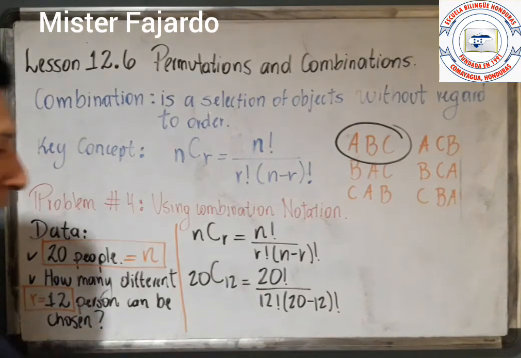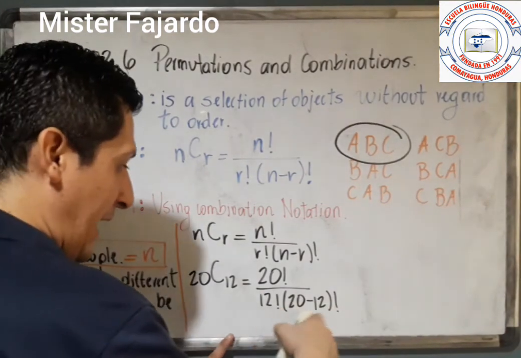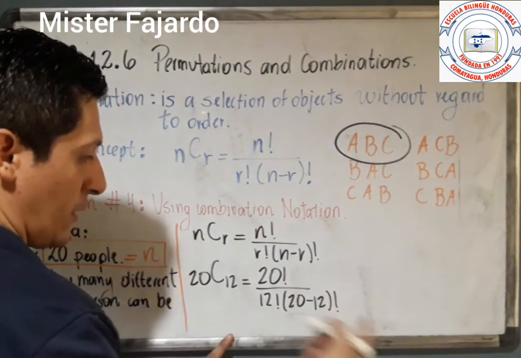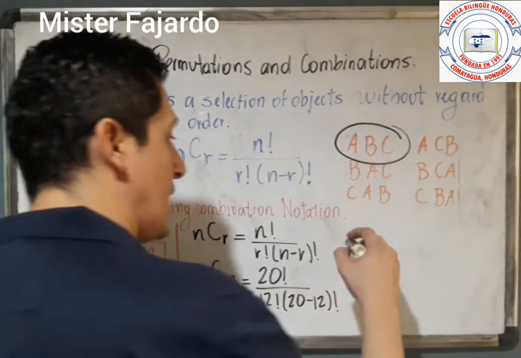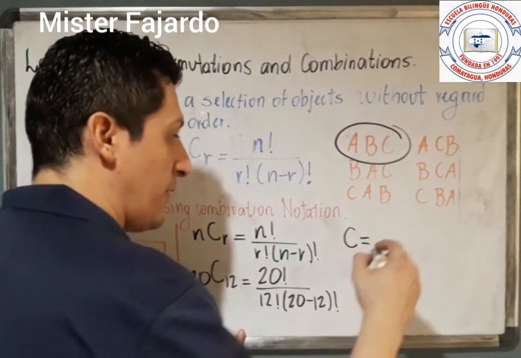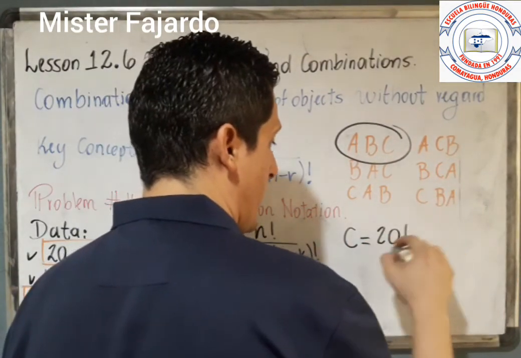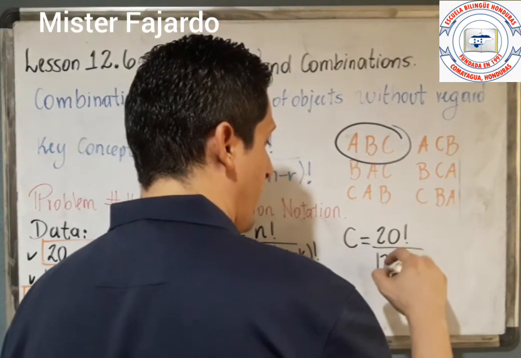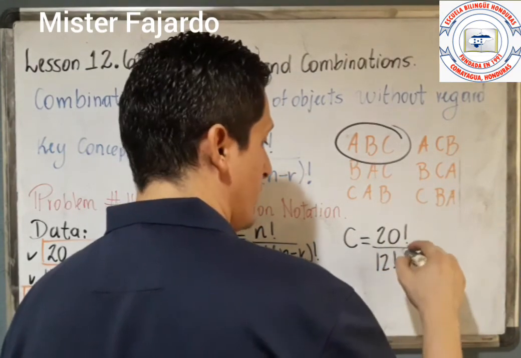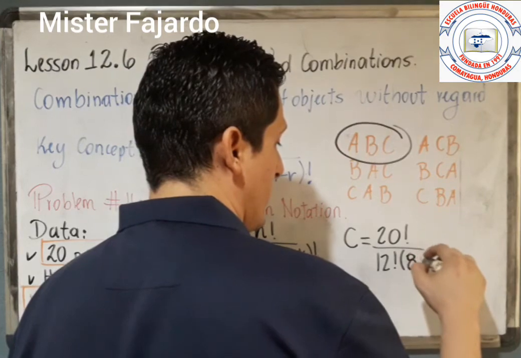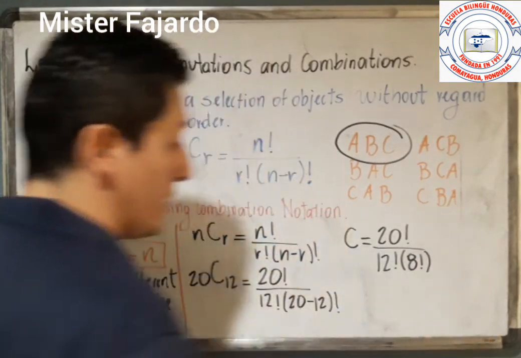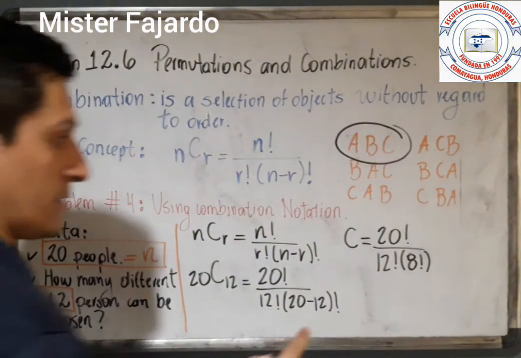In this part, 20 minus 12 is going to be 8. That means that you're going to have 20 factorial divided by 12 factorial, and also divided by 8 factorial, okay? That's really important to understand, okay?